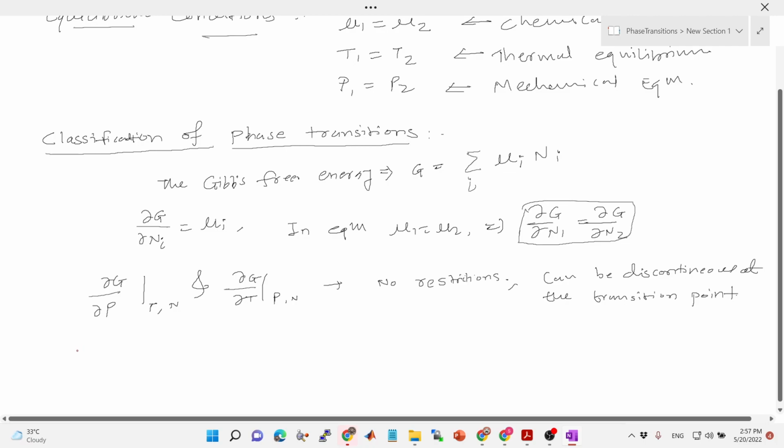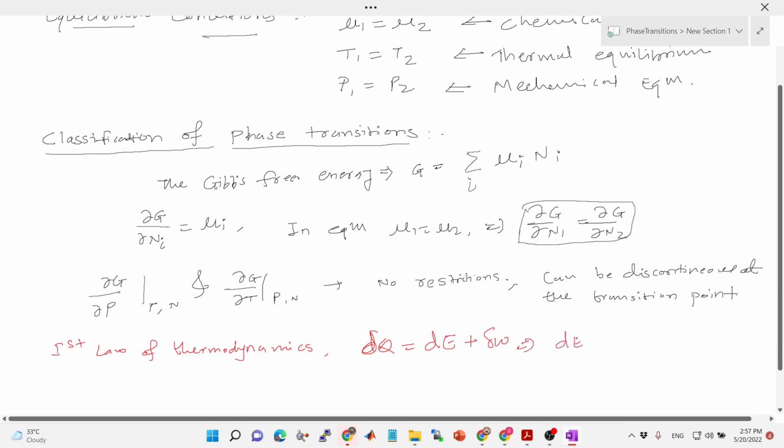In our first law of thermodynamics, the amount of heat added to the system can be used to increase its internal energy and to do the work.